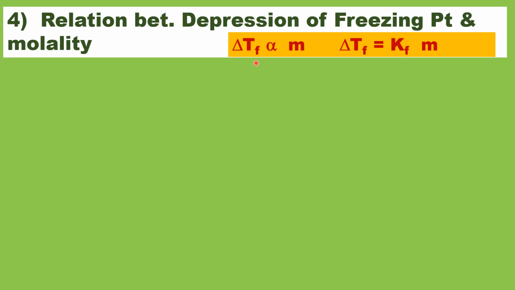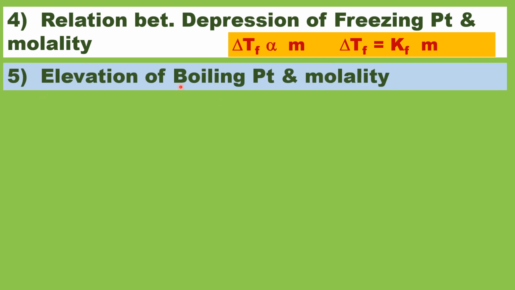The depression of freezing point depends on the molality, the concentration of the solution. As concentration increases, the depression of freezing point also increases. So Kf is the molal depression constant. When molality is equal to 1, delTf equals the molal depression constant.